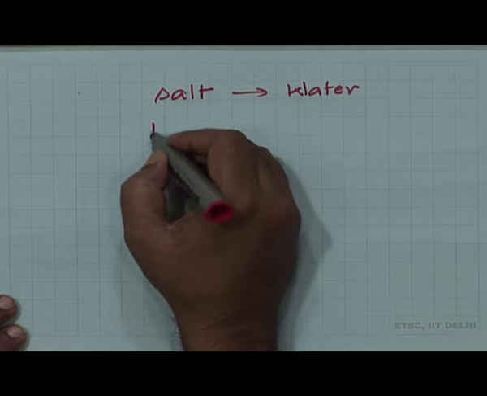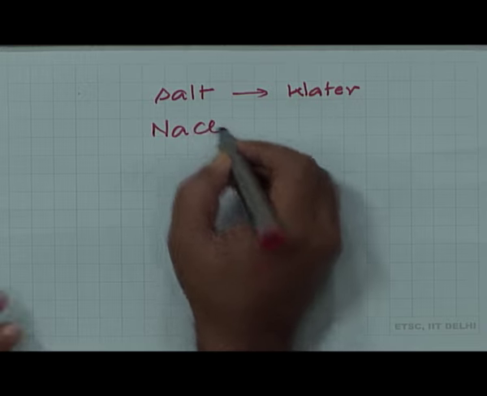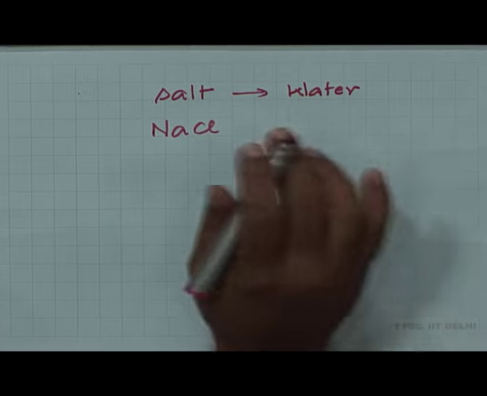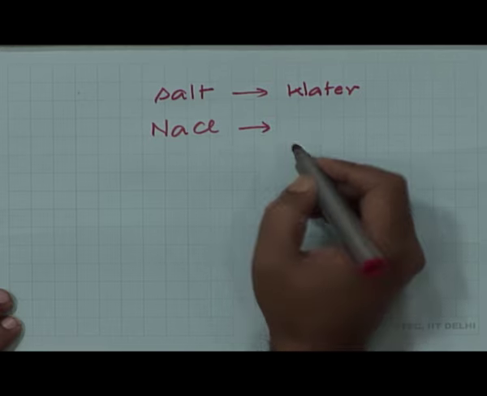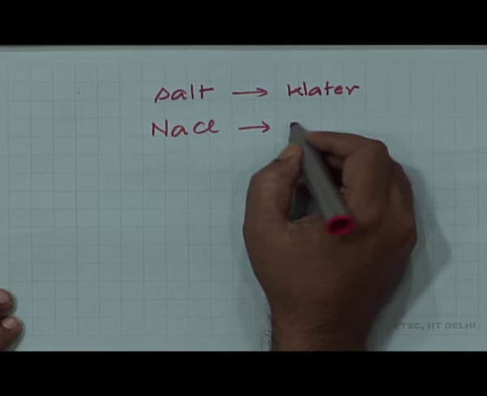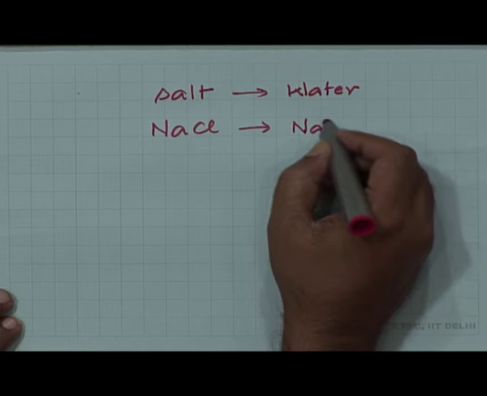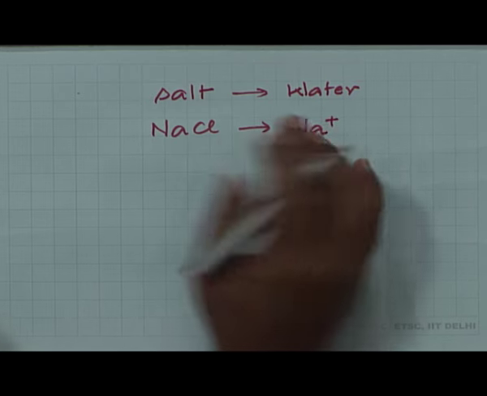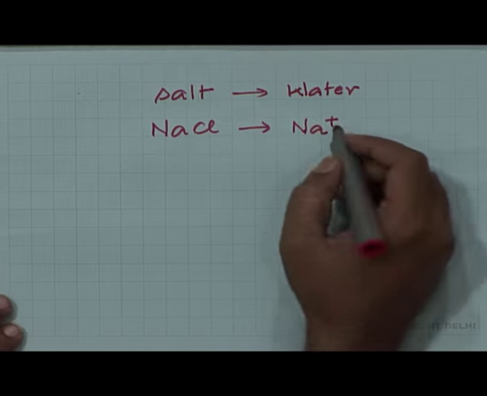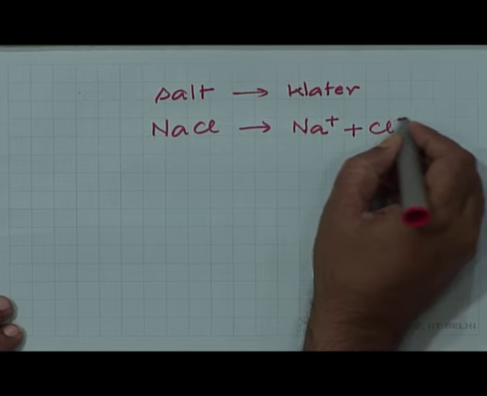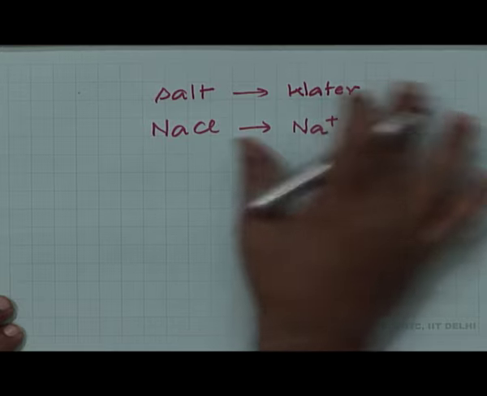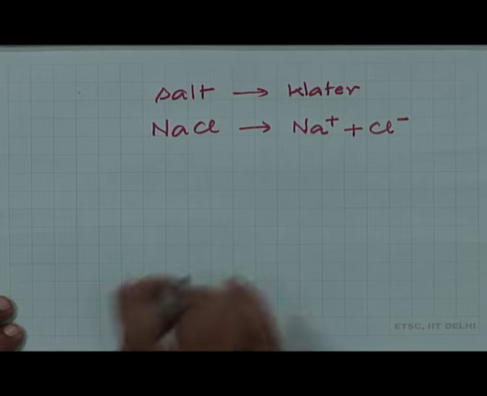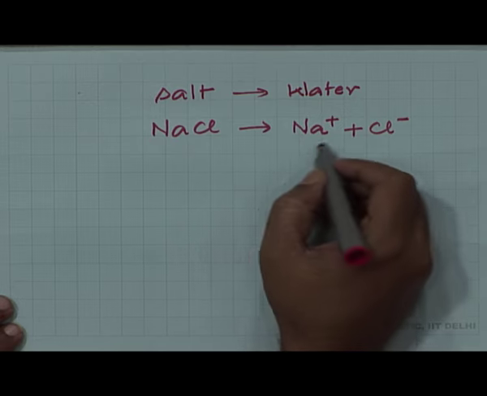Take a simple example, NaCl into water. If I put sodium chloride into water, what I will get is Na plus plus Cl minus. This is almost complete dissociation.